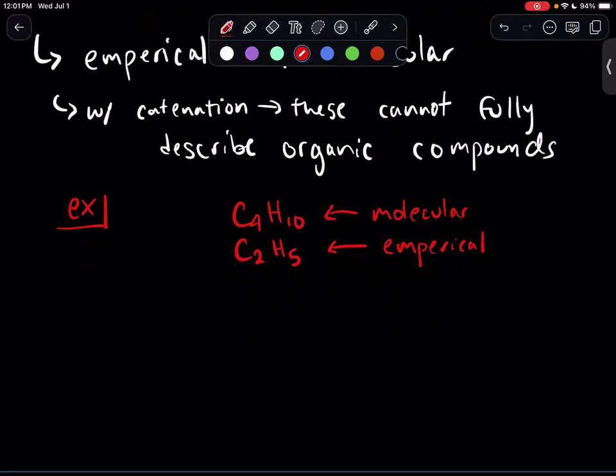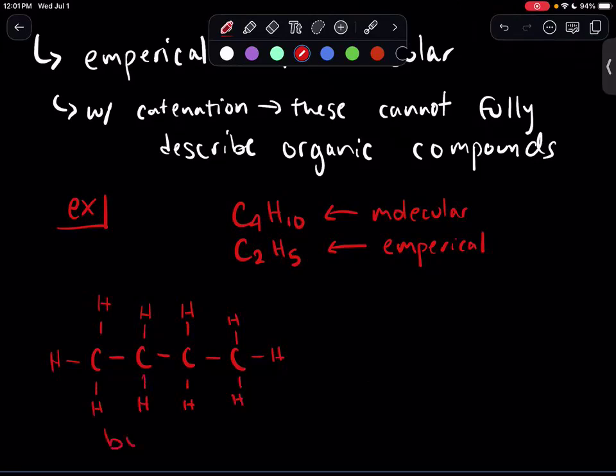Now, if I were to draw a Lewis diagram, and I just take a nice straight chain of carbons, and I bond a hydrogen to each, here is our C4H10. This is a compound known as butane.